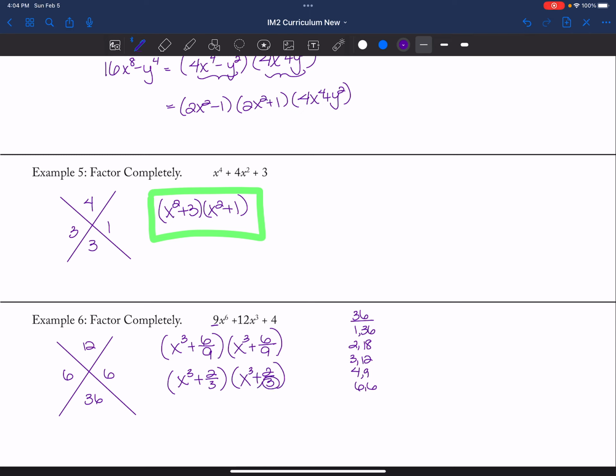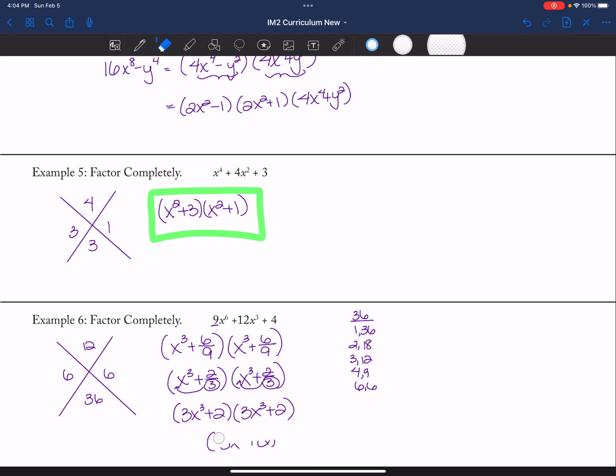Bring what's in the bottom to the top. So then I get a 3x cubed plus 2 and a 3x cubed plus 2. So I get 3x cubed plus 2, the quantity squared.